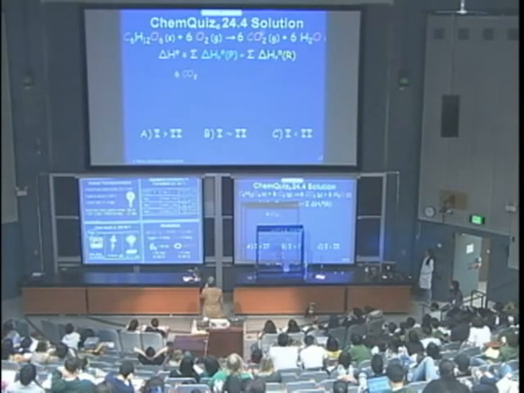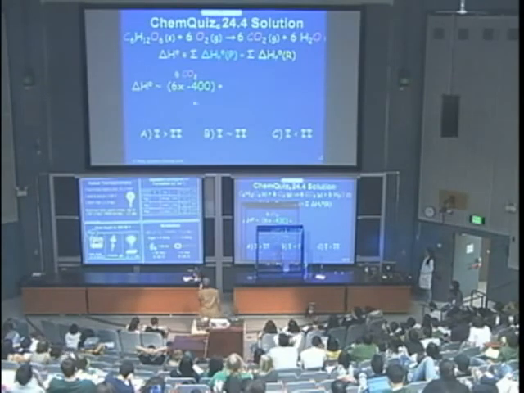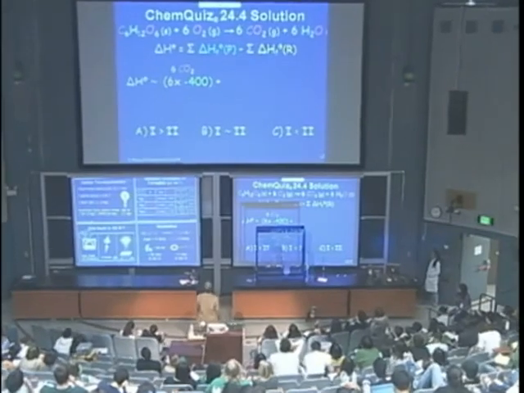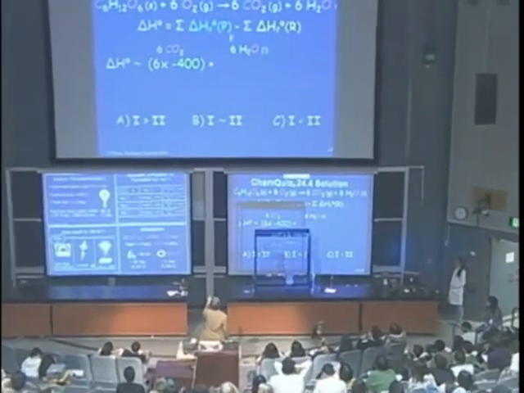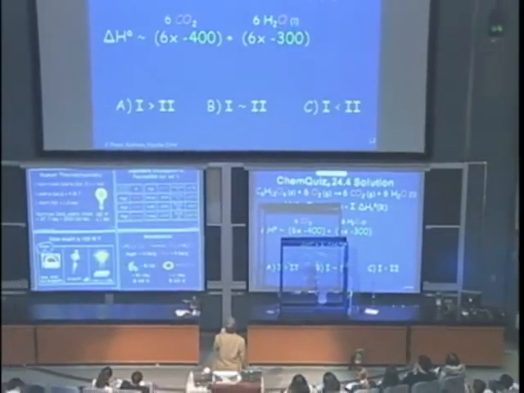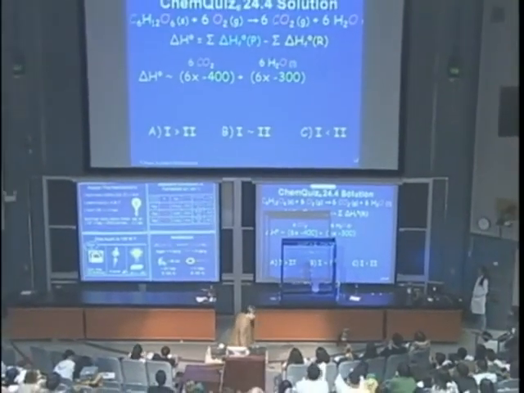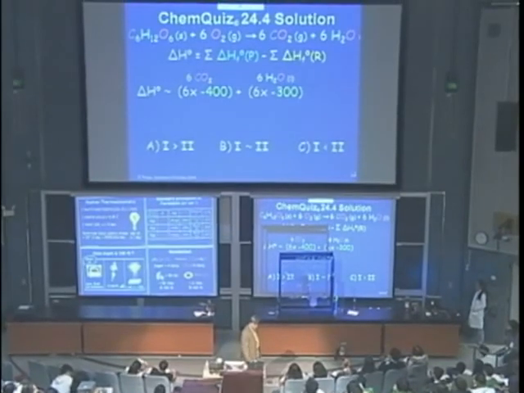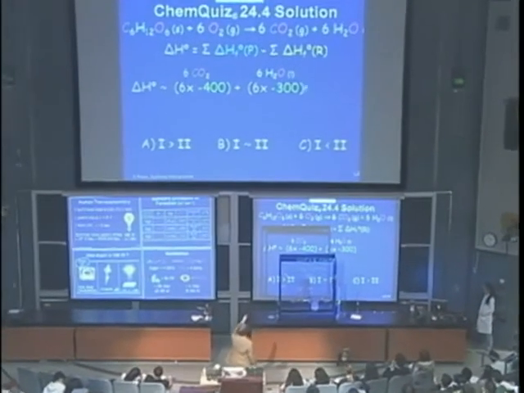So we have 6 CO2. This is 6 times CO2, about minus 400, 6 times minus 400 is minus 2,400. Then we have water, 6 times minus 300, that's minus 1,800, so the total is minus 4,200.